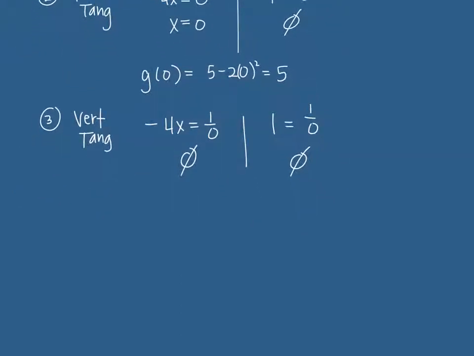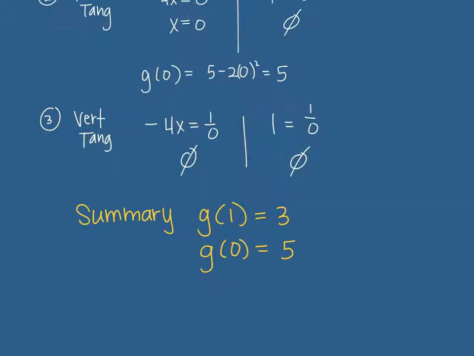So our summary was g of 1, which was equal to 3, and g of 0, which is equal to 5. And so you have your min and your max.